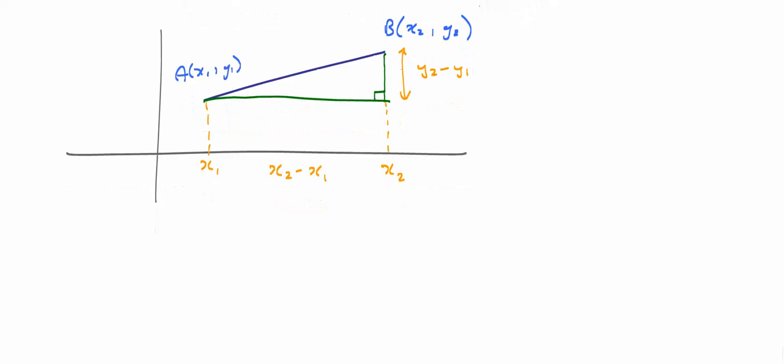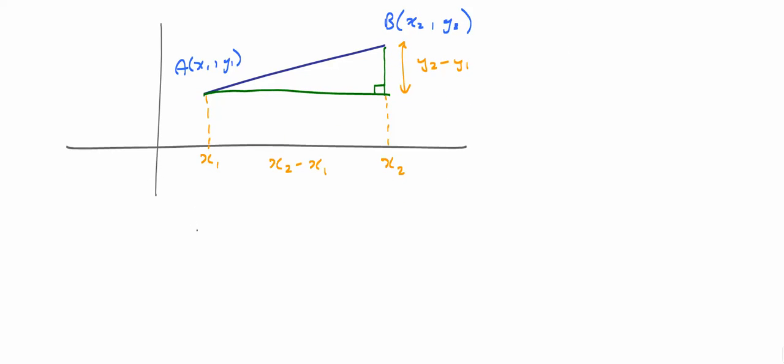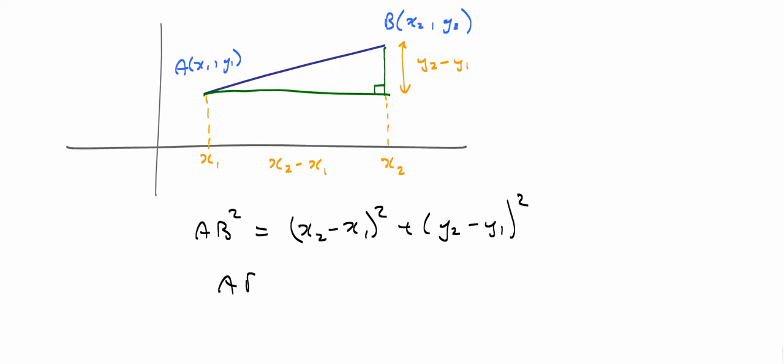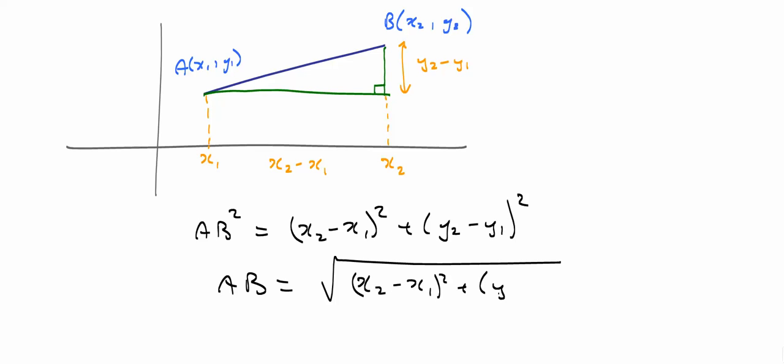So by Pythagoras, AB squared is equal to (x2 minus x1) squared plus (y2 minus y1) squared. So AB is the square root of (x2 minus x1) squared plus (y2 minus y1) squared.